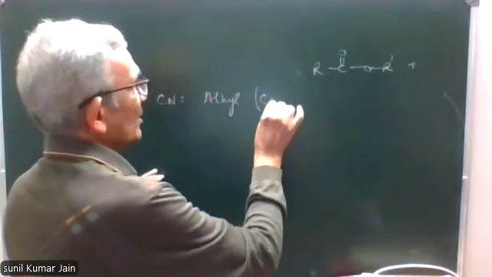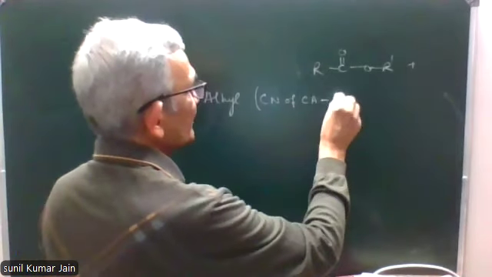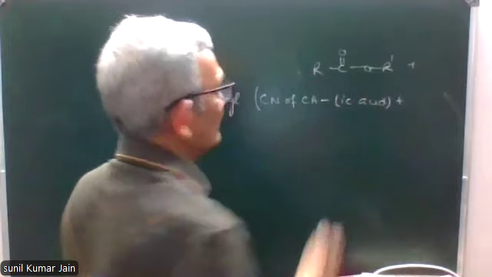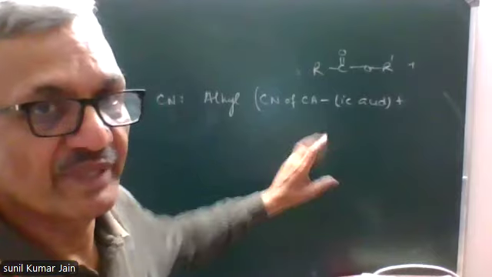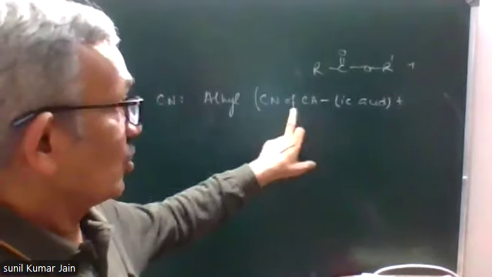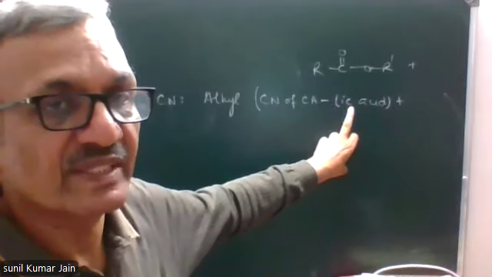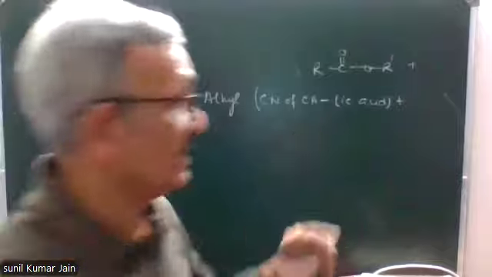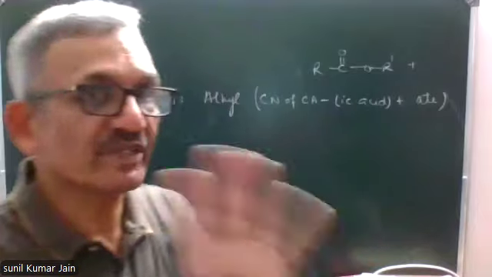The second word will be the common name of the carboxylic acid, minus ic acid, then add ate. Subtract ic acid and then add ate. When I give you an example, it will be clear.